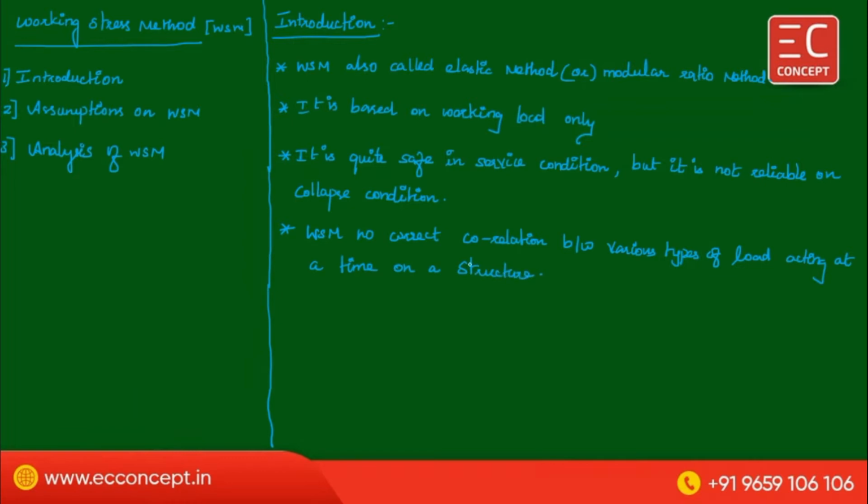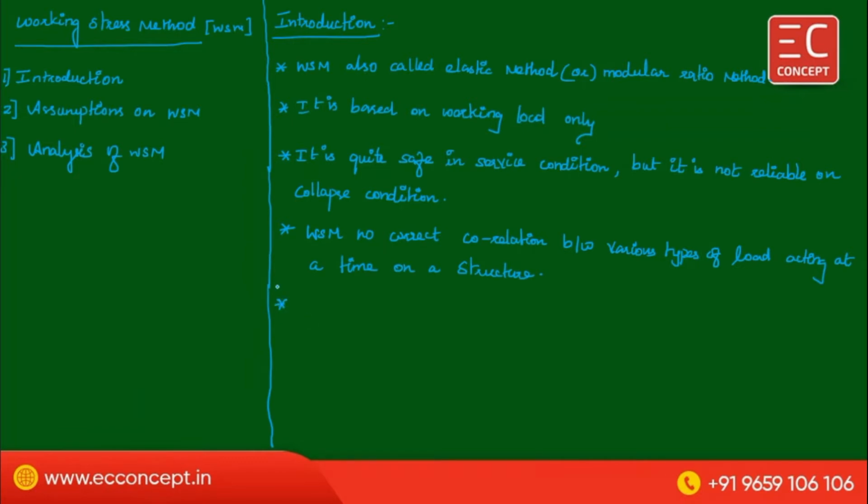That means the relationship between the existence of a combination of dead load, live load, wind load, earthquake load, snow load. There is no correlation between various types of load acting on a structure. We are not taking that into account.